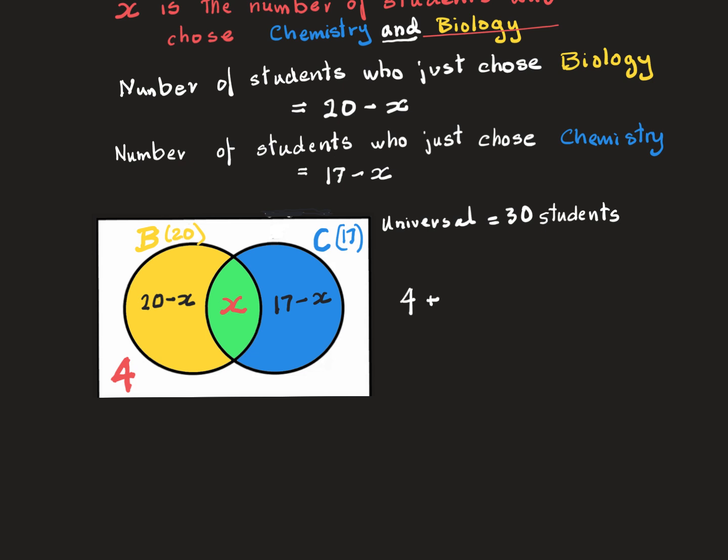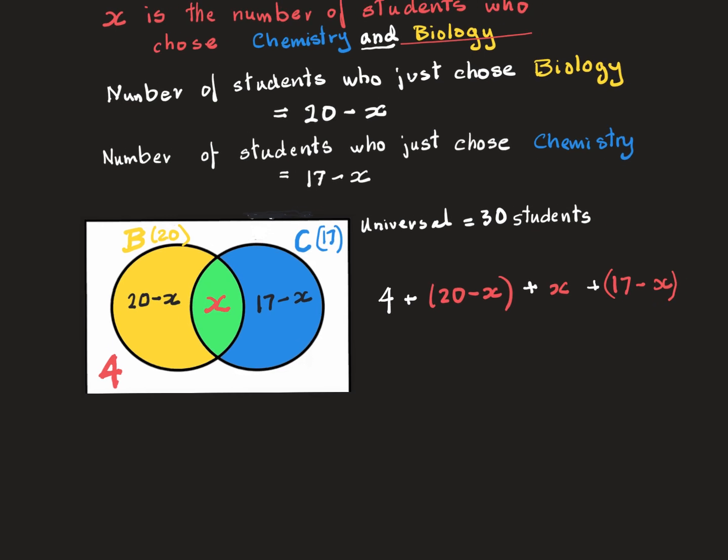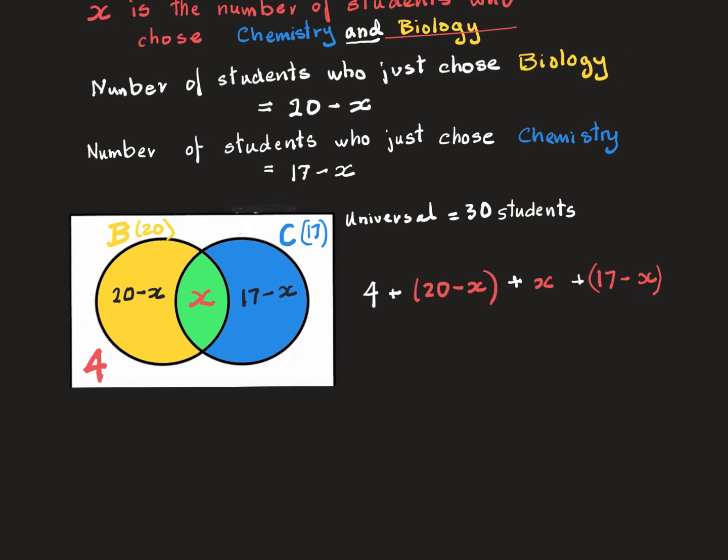And then also I have 20 minus x students who have chosen to do biology. And I'll have x number of students who we said did both. And we also have those doing chemistry only, and that would be 17 minus x. This all should equal 30 students.